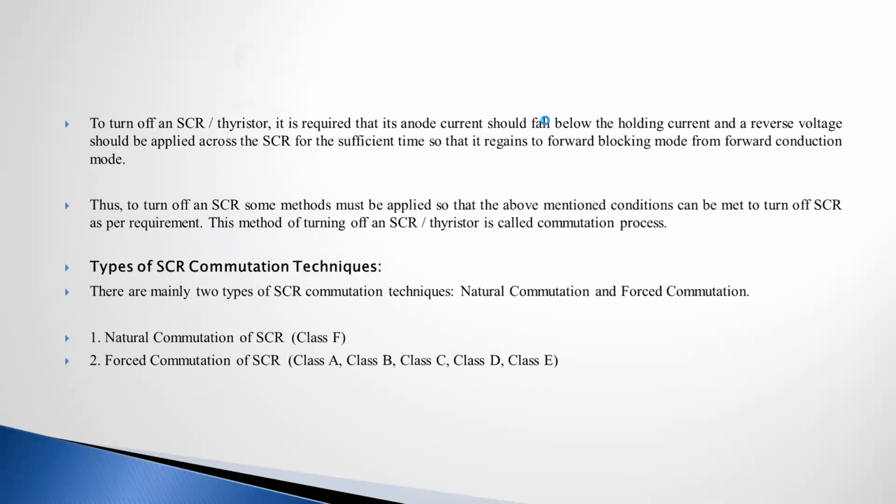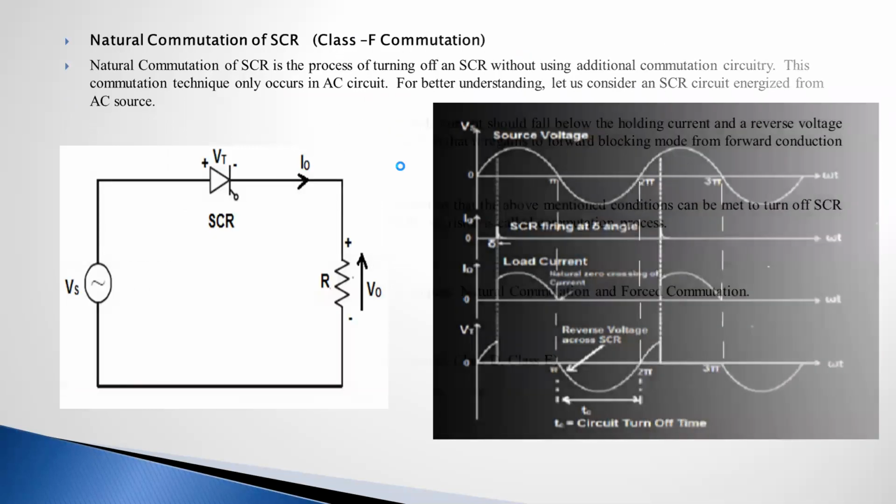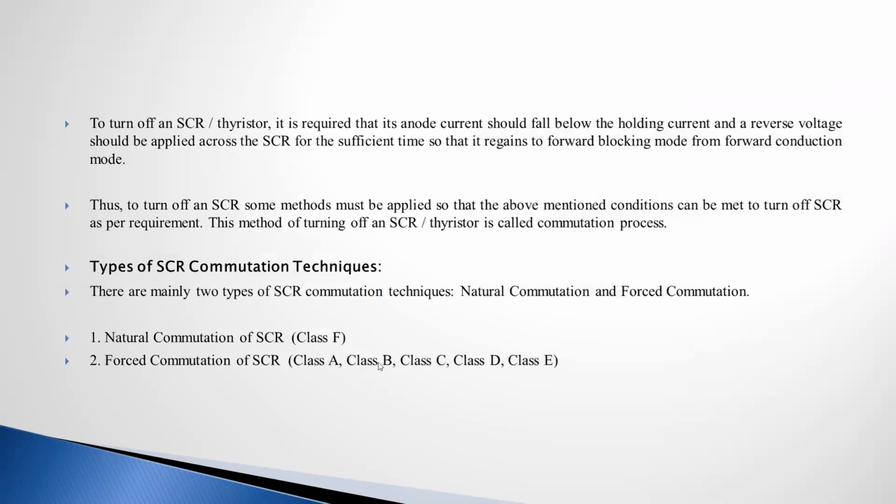Clear? See here, yesterday we discussed class A commutation through class F commutation, meaning the types of commutations are class A, class B, class C, class D, class E, class F, or type A, type B, type C, type D, type E, type F. The class F or type F commutation is also called natural commutation, and these commutation techniques A, B, C, D, E are called forced commutation of SCR.